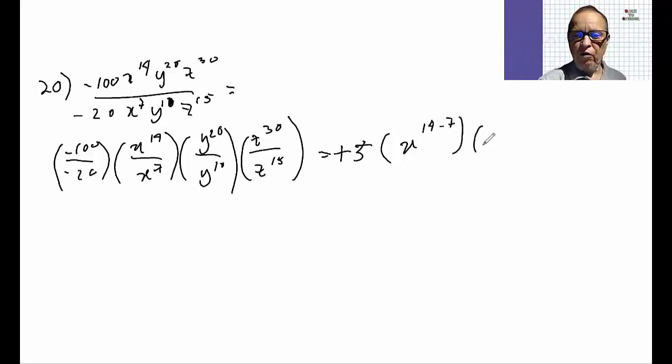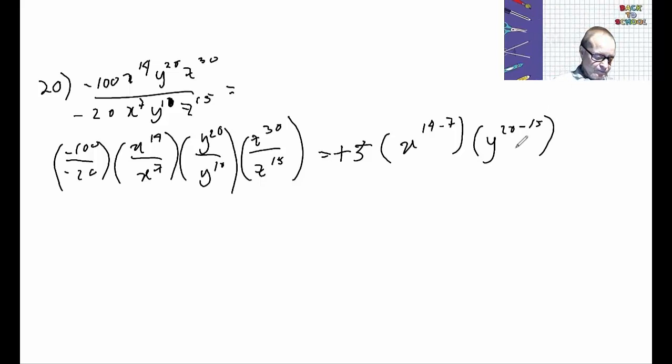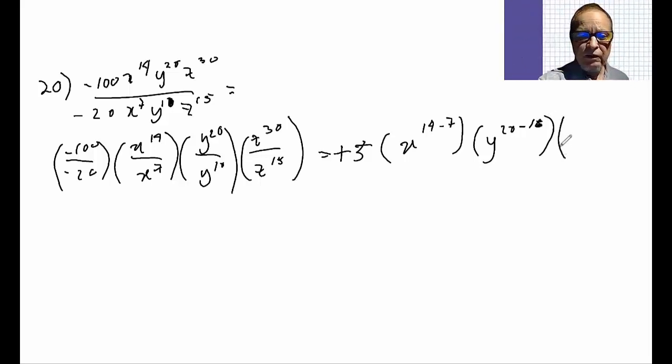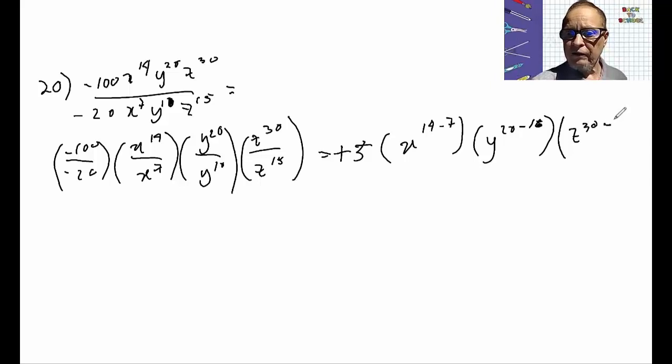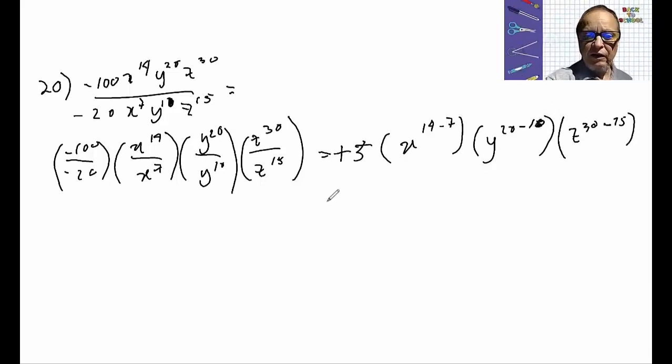And then for my y's, y to the 20 minus 10. And then z to the 30 minus 15. Be careful there. That is to the 15. And then I get 5.